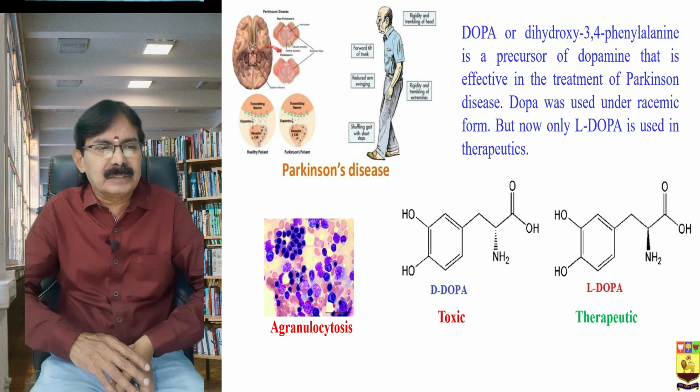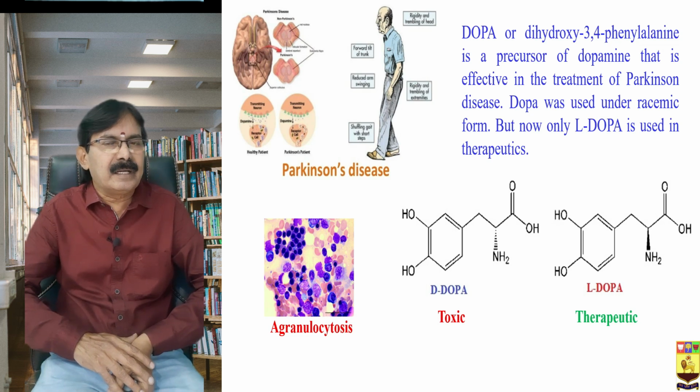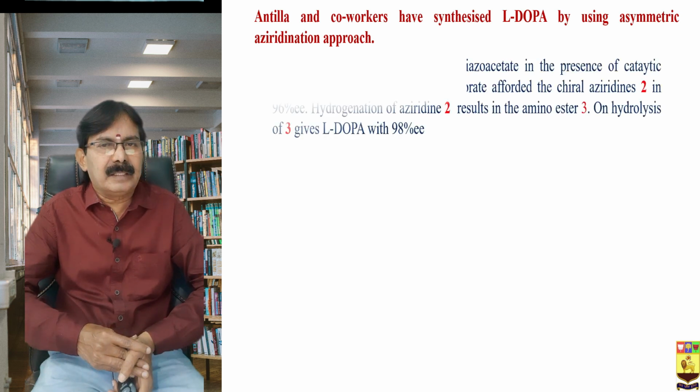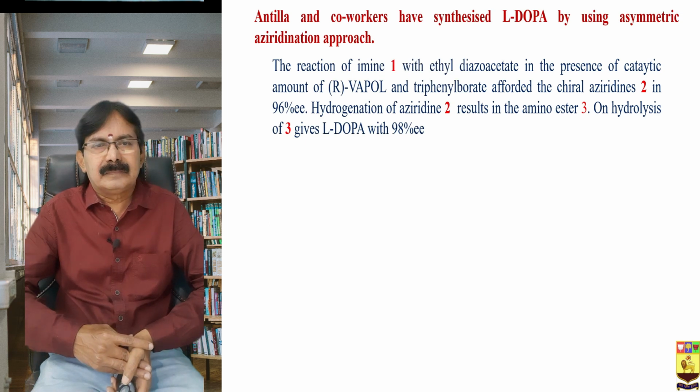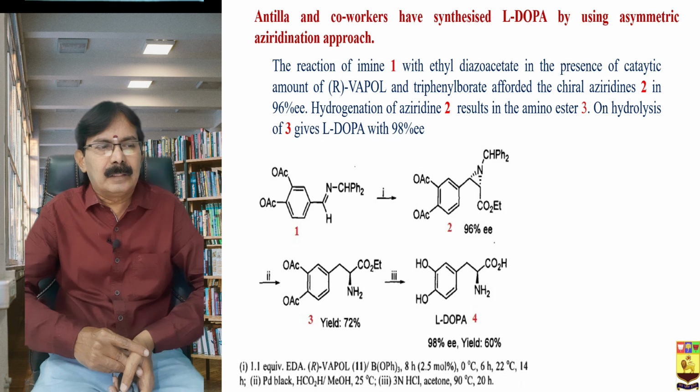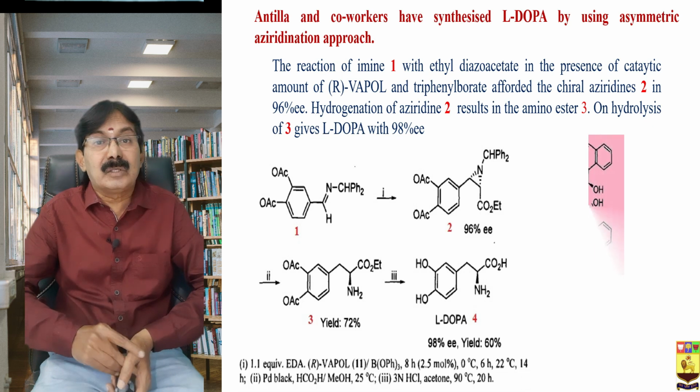So, Antilla and co-workers synthesized L-Dopa by using an asymmetric aziridination approach. The reaction of imine 1 with ethyl diazoacetate in the presence of a catalytic amount of R-VAPOL and triphenyl borate afforded the chiral aziridine 2 in 90% enantiomeric excess.